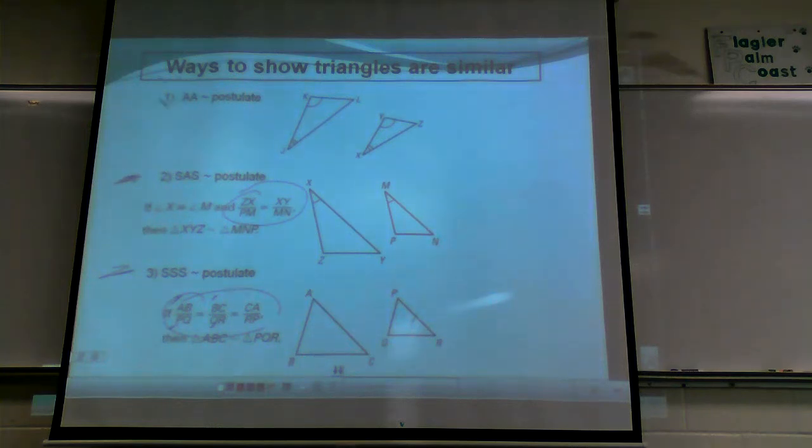Now, the way I have these listed is in order of least amount of work to most amount of work. And that's probably how most of your brains are going to work anyway. If I'm doing a problem and I want to see if two triangles are similar, the first thing I'm going to do is see if I've got two angles that are congruent. That takes the least amount of work.